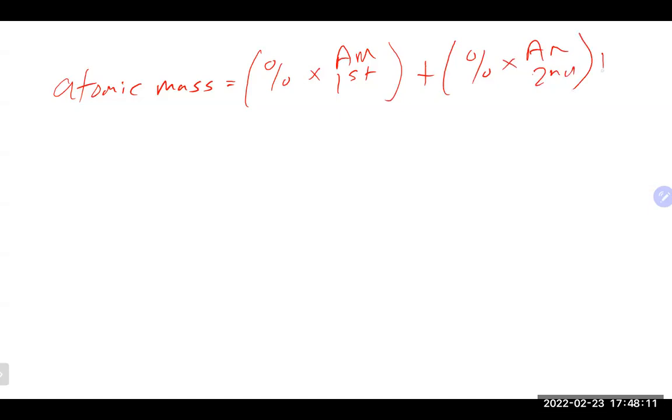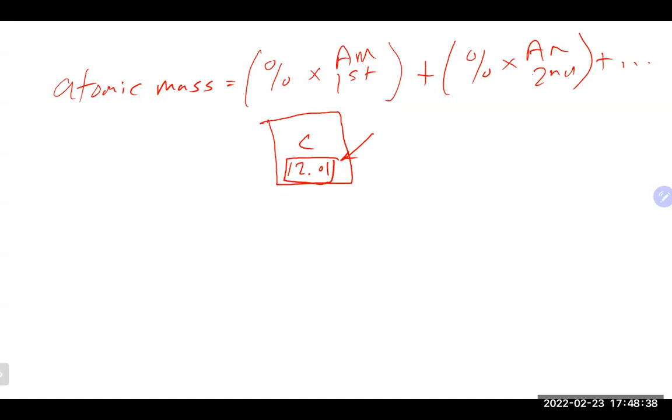However many you have, you continue that pattern. That is how we get the numbers that we see below the actual element on the periodic table. Those are, as we talked about, really average atomic masses of all the naturally occurring isotopes for a particular element.